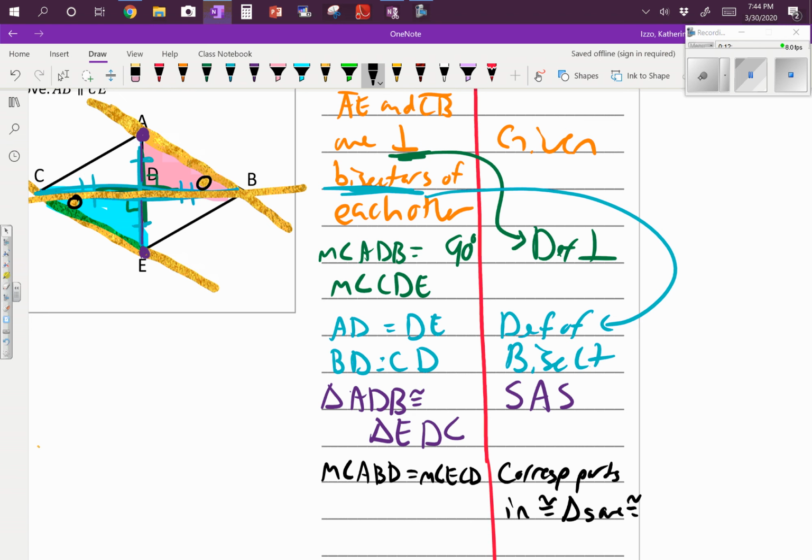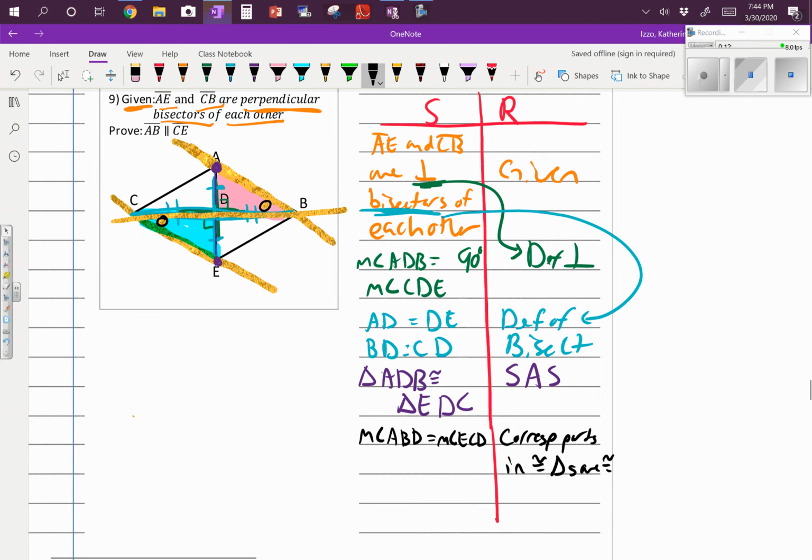So I've proven the two triangles are congruent. Once I've proven the two triangles are congruent, I can steal those angles. Now that I've stolen the angles, I can finish this guy off by saying AB is parallel to CE.